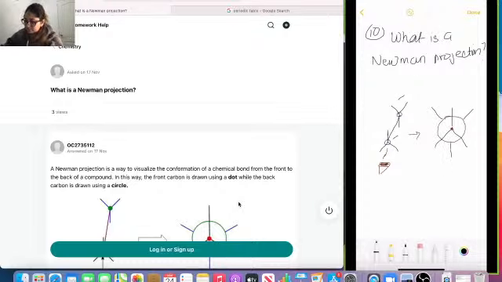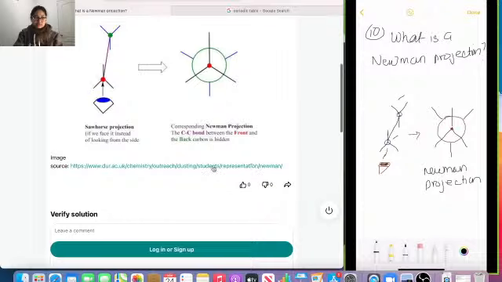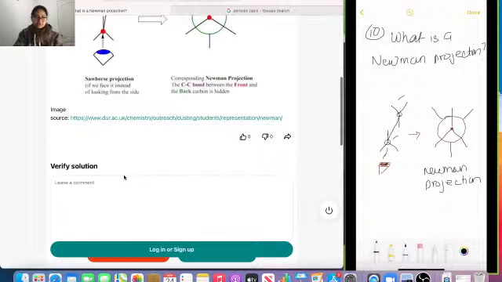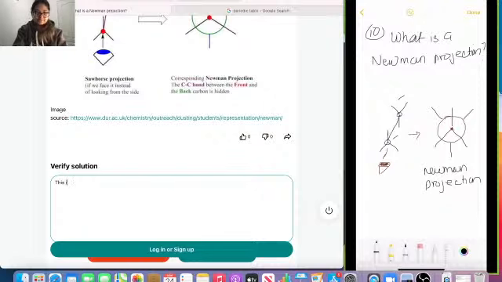So this is your Newman projection of a chemical bond. And yes, it's also called a Sawhorse projection, and this is correct.